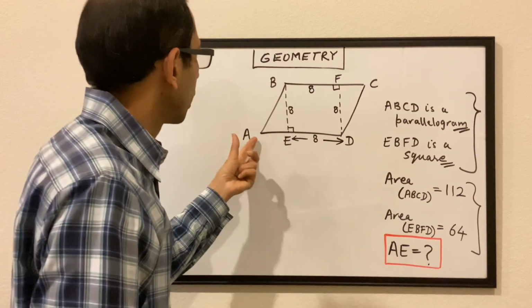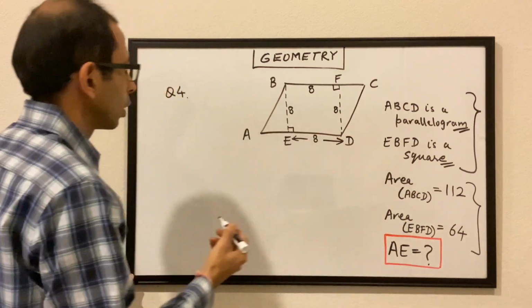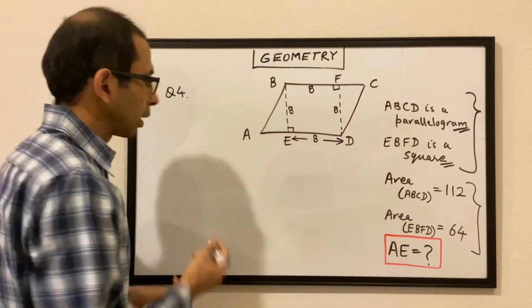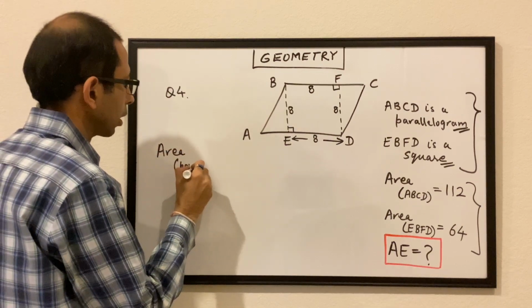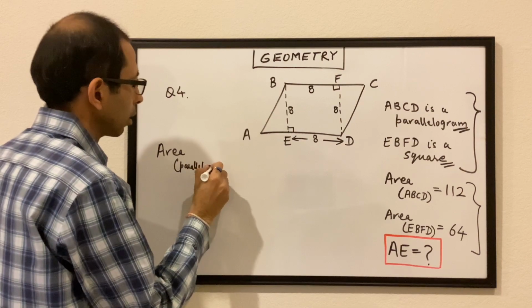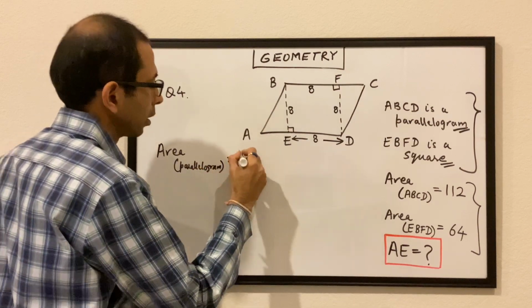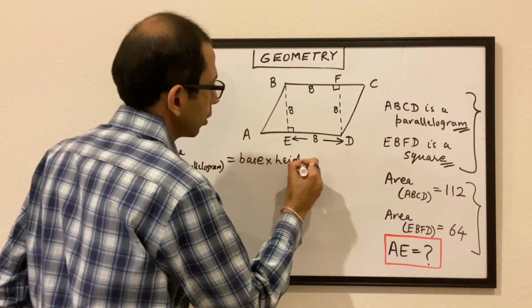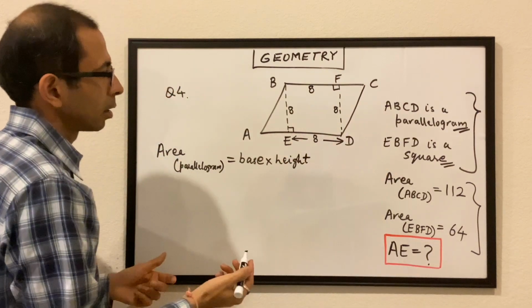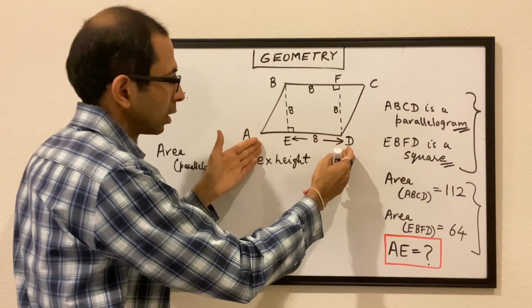The area of the parallelogram is 112. Now, we know that the area of the parallelogram is given by base times height. Base times height, right? So in this case, let's say we don't know the value of this base.